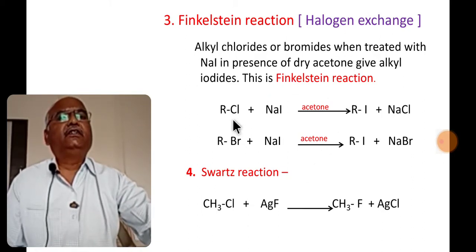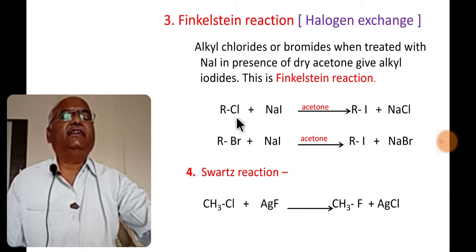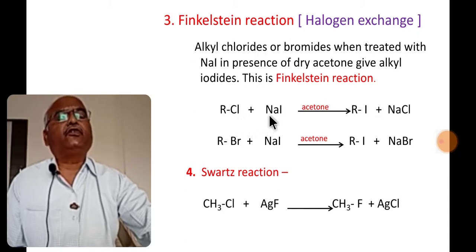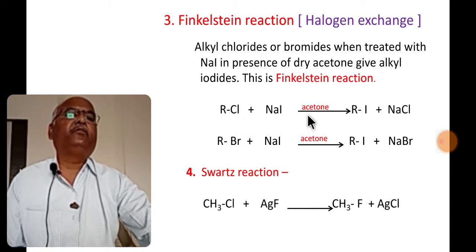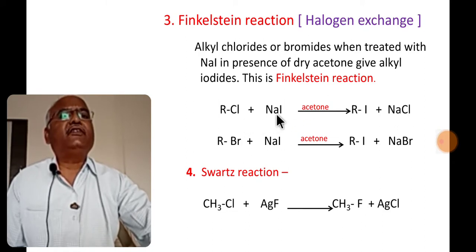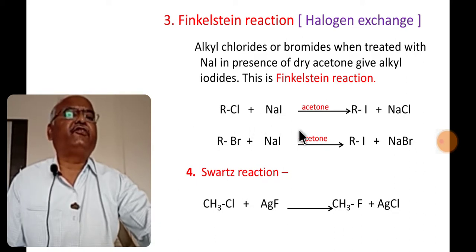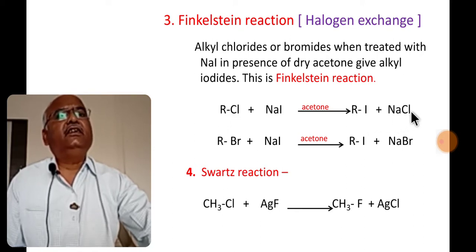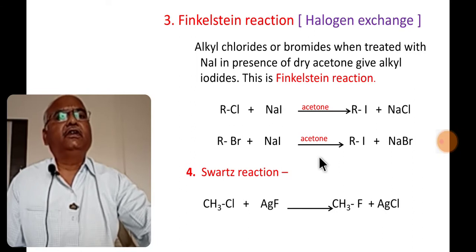Look here, this is RCl, that is alkyl chloride. Alkyl chloride reacts with sodium iodide in presence of acetone. Chloride is replaced by iodide, halogen is exchanged, and alkyl iodide is produced. NaCl is the side product.